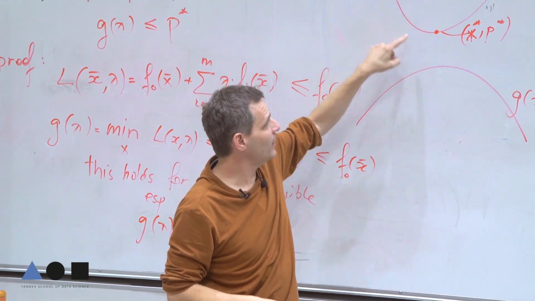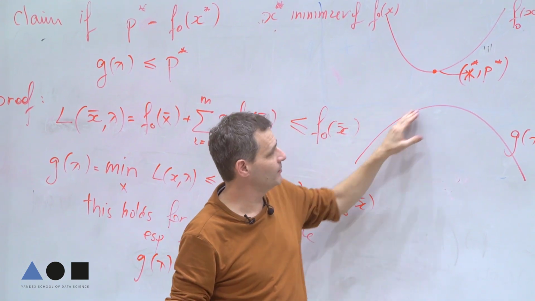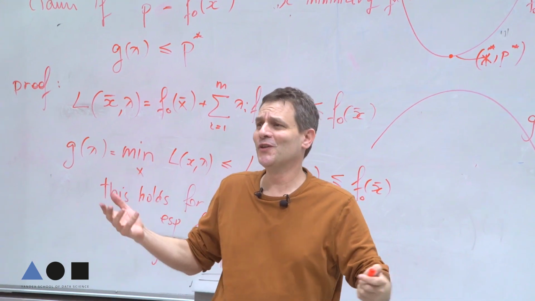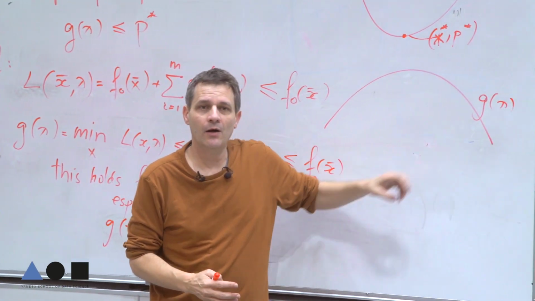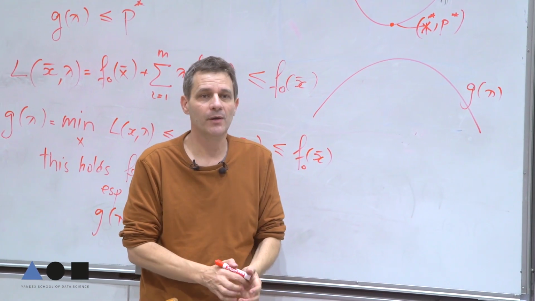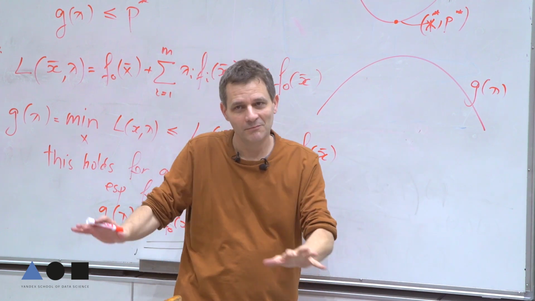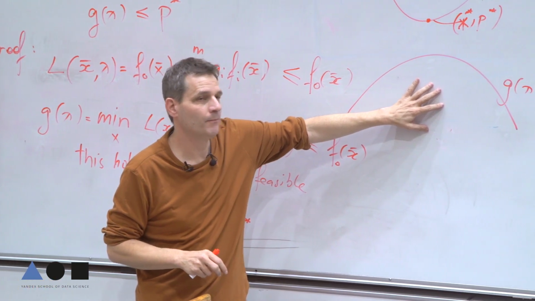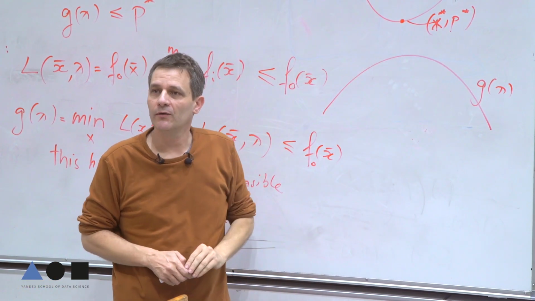You want to minimize f of x, and to get a good lower bound, you can maximize g of lambda. I mean, what do you gain? Why would you do that? Well, it turns out that g of lambda often is easier to optimize because it is guaranteed to be convex. So there are techniques that are easier to apply to g of lambda, and then you get a good lower bound.